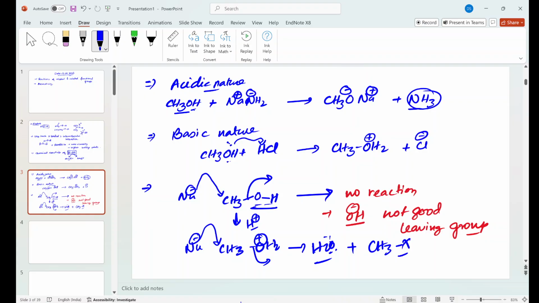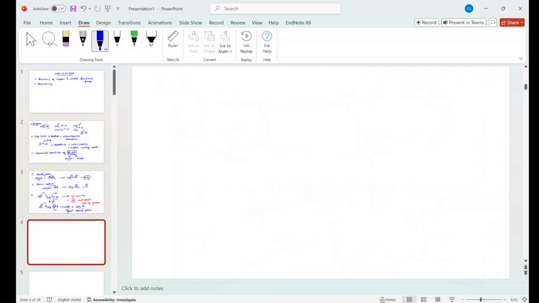So this is a good leaving group compared to OH minus. You have many other ways to make this OH minus a good leaving group, so we'll discuss it. But more systematically, let us start.